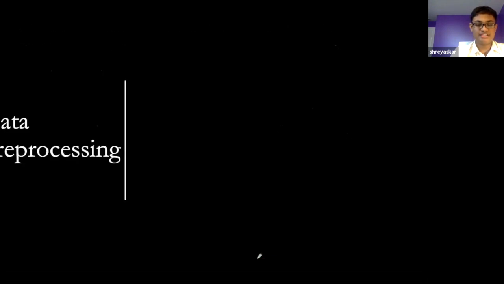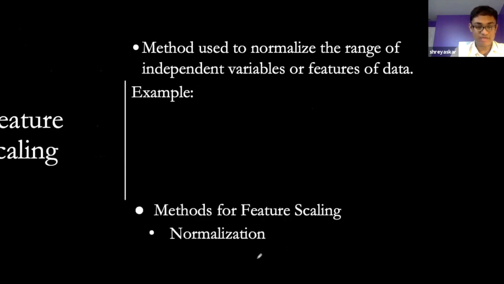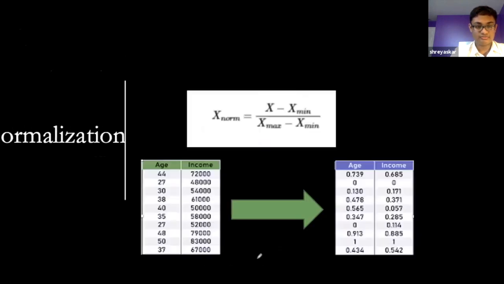But normalization, on the other hand, is a completely different technique. It's essentially used to convert data from a big range to some smaller, standard range.